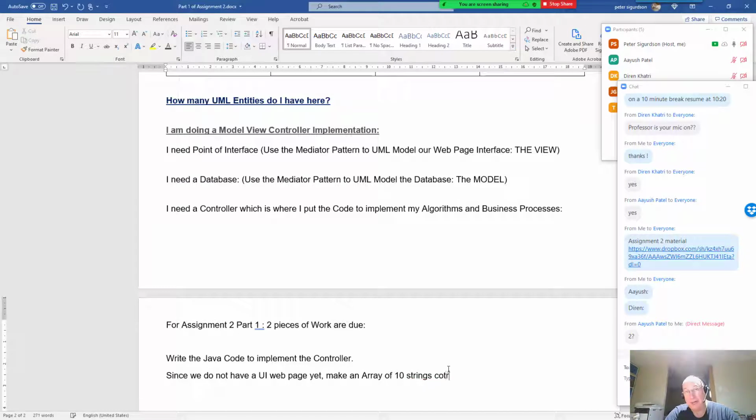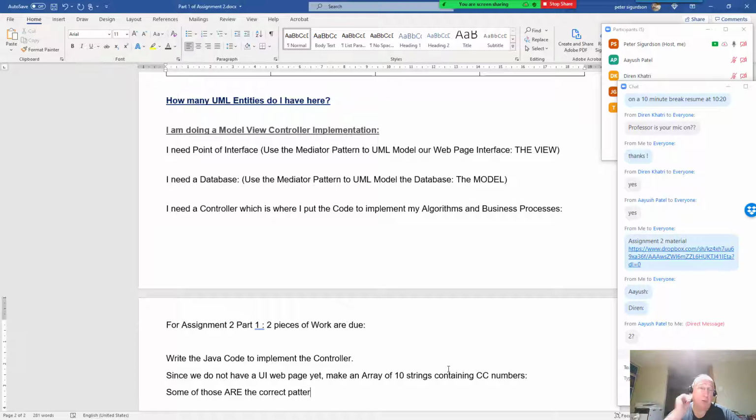Ten strings containing credit card numbers. So some of those observe the correct pattern, and some are not the correct pattern.